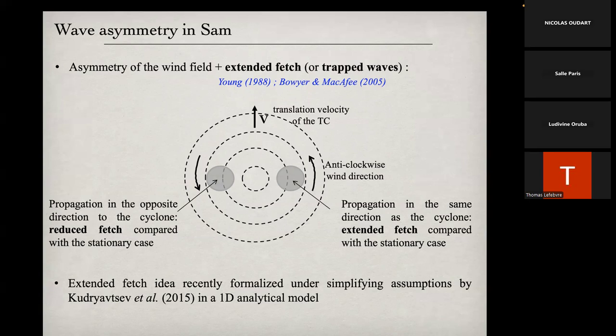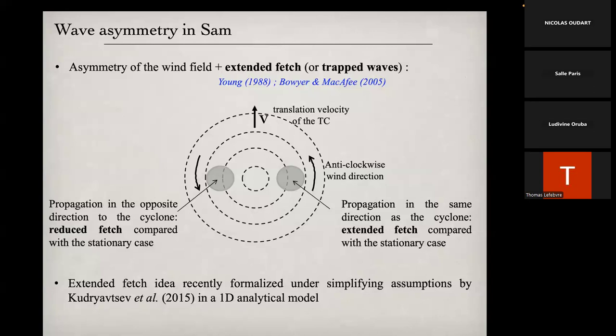Waves generated on the right experience an extended fetch because the cyclone is moving forward, whereas the waves generated on the left move in a direction opposite to the cyclone, so they experience a reduced fetch compared to the stationary situation. That means that there is an asymmetry between both sides of the cyclone.